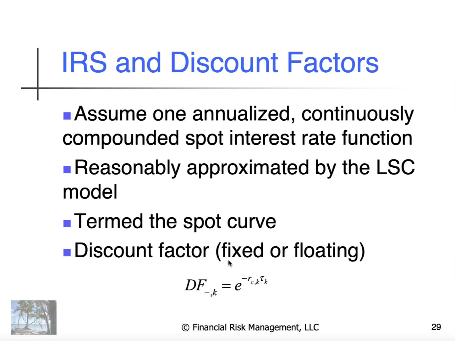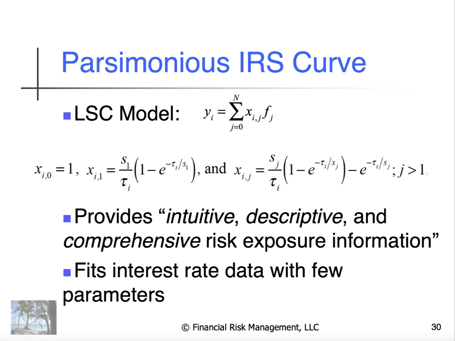The discount factors, fixed or floating, would simply be, assuming continuous compounding, the fitted rate for that particular discount factor. Again, a parsimonious LSC model would be applied. The reason for this kind of model is it's intuitive, descriptive, and comprehensive, and it just flat fits the data well.